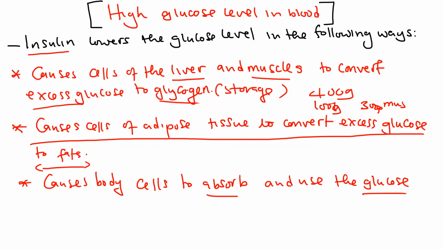That is how the body responds to high glucose level in the blood. And of course, lack of insulin to do that results in the presence of glucose in the blood. This is called diabetes.